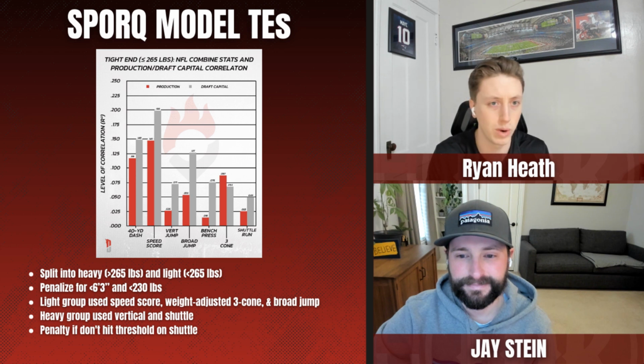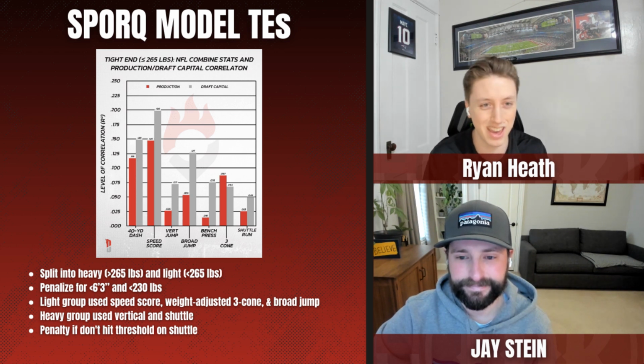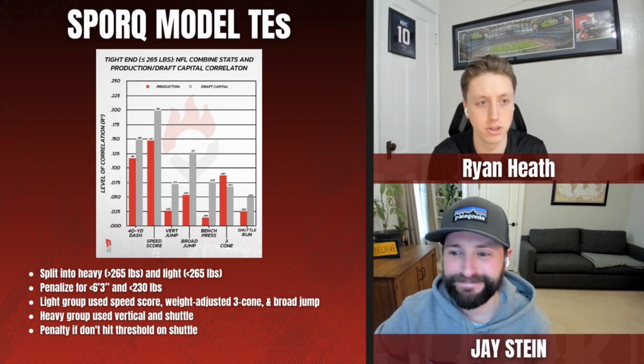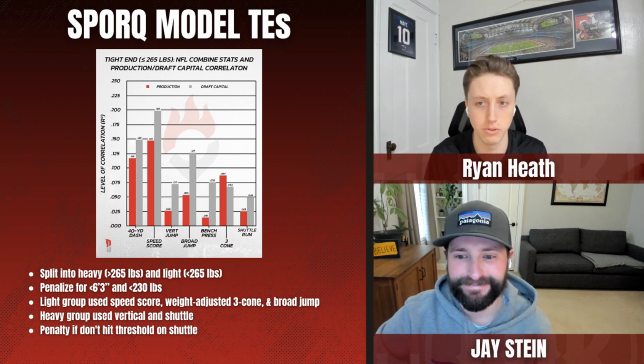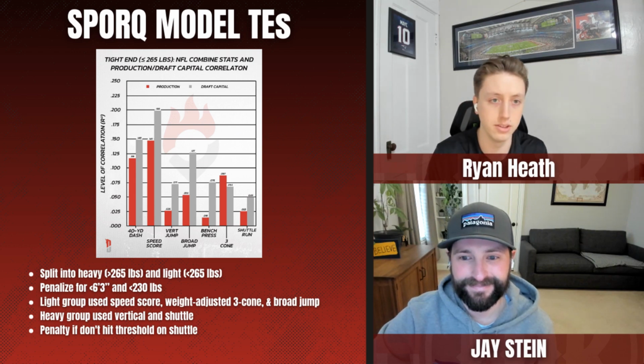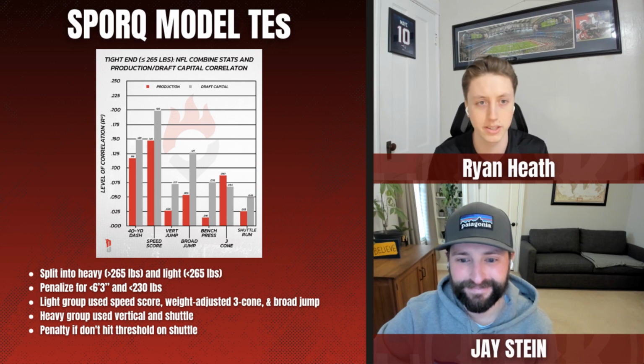One of the best weight adjusted 3-cone tight ends ever was Jimmy Graham. If we're just talking about hyper athletic tight ends, that is one of the better examples. Converted to the position, and then within a year just was absolutely destroying the NFL. And then also the broad jump I found was predictive for the lighter guys. On the heavier guys, the vertical and the shuttle were most predictive.